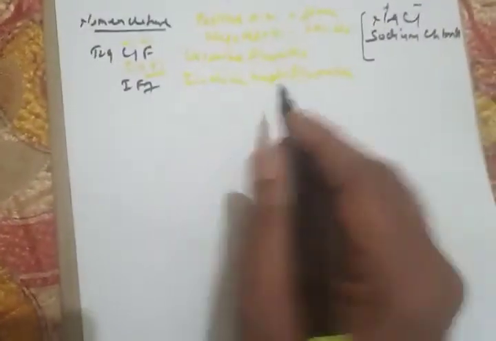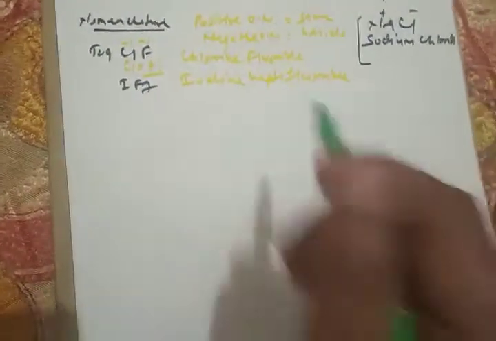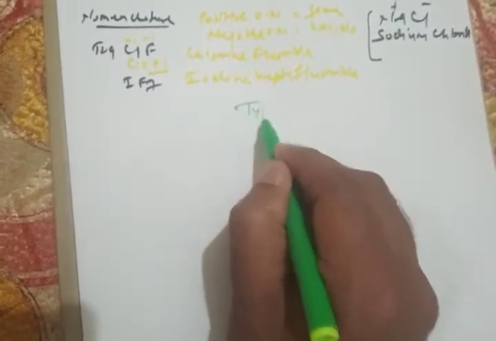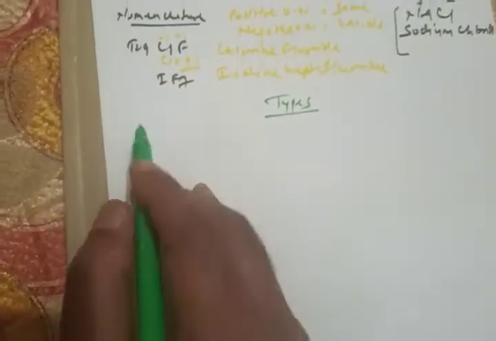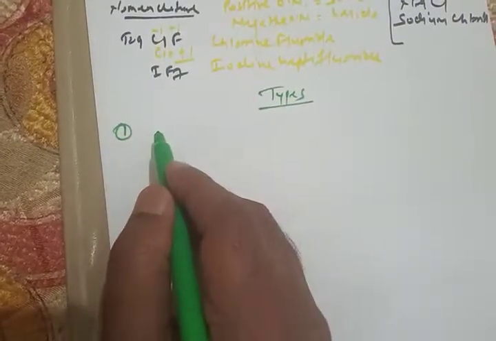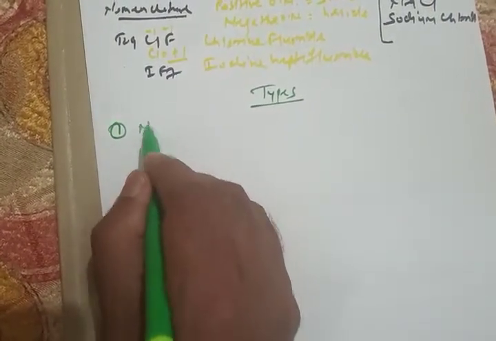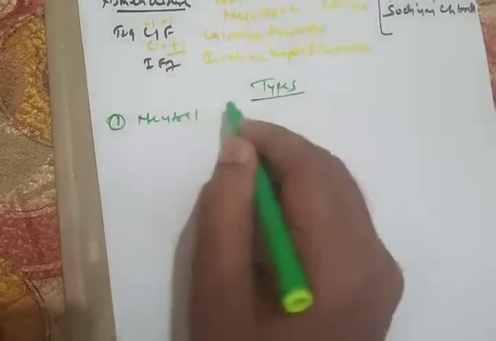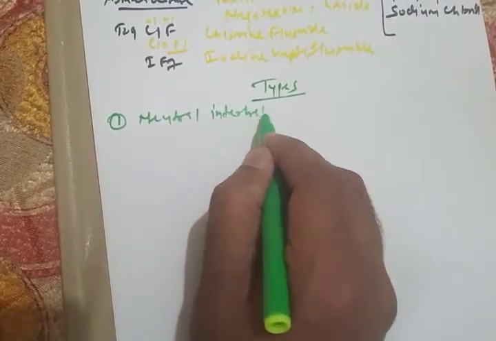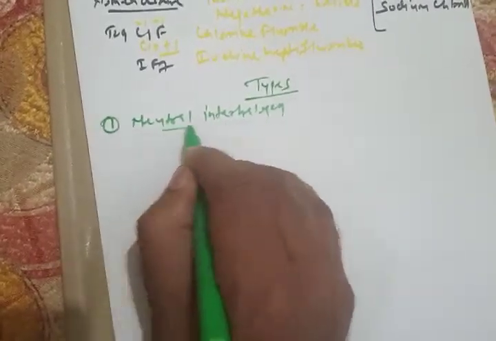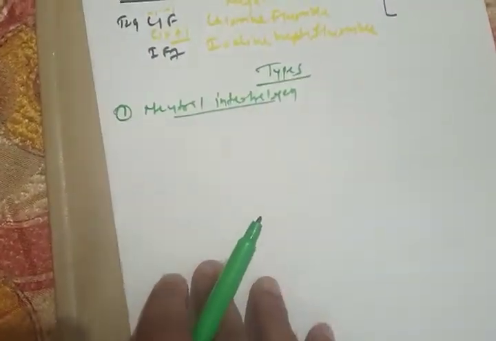Now the very important part is the types of interhalogen compound. The first is neutral interhalogen. Neutral interhalogen means it has no charge.